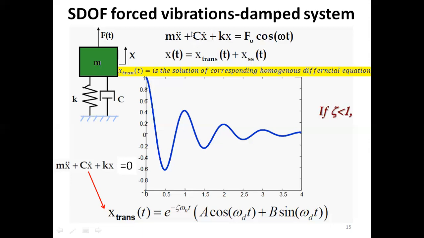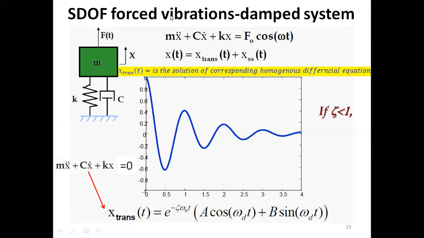In case of damped vibration, the transient part, because of the damping, would last for a specific period of time and then decay out. However, the steady state solution would stay as long as the forcing function is applied on the system and the system is vibrating.